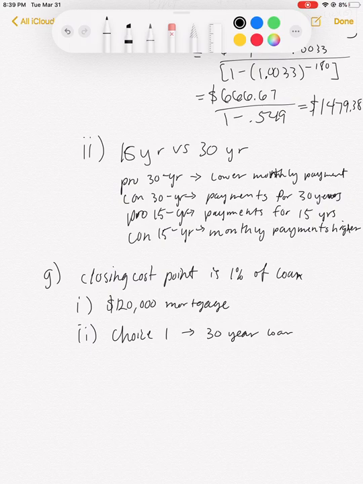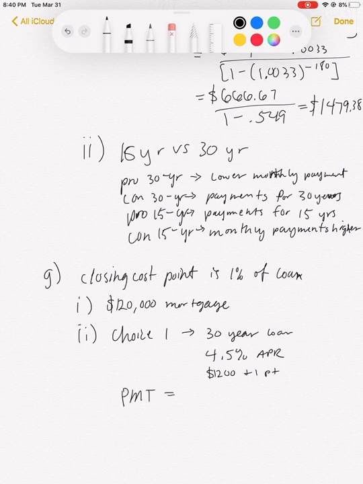You have 4.5% APR. You have a closing cost of $1,200 plus 1 point.